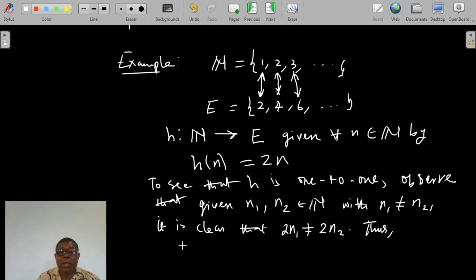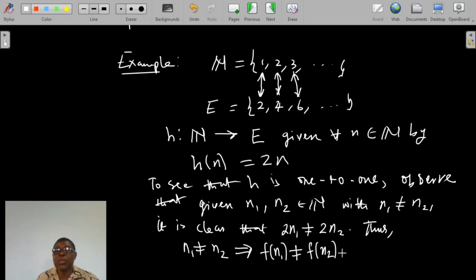Therefore, n1 not equal to n2 implies that h of n1 is not equal to h of n2. This means that h is one-to-one.